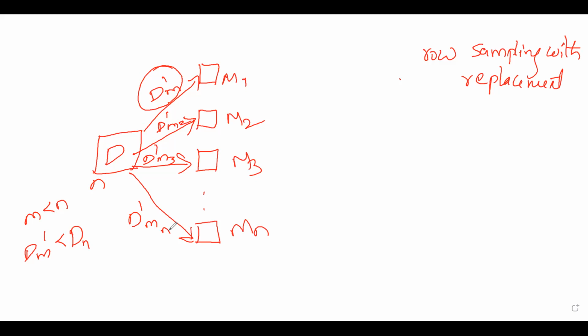Some of the records may get repeated, but we use row sampling with replacement for every model we provide data to.